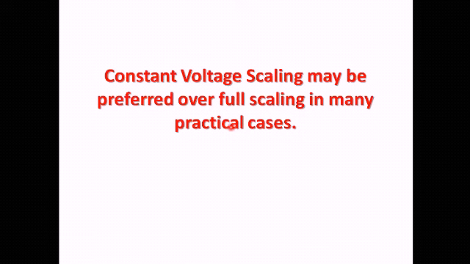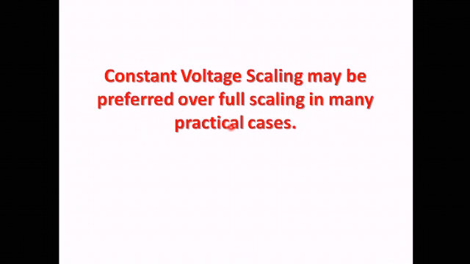This large increase in the current and power densities may eventually cause serious reliability problems for the scaled transistors, such as electromigration, hot carrier degradation, oxide breakdown, and electrical overstress. These are the disadvantages of constant voltage scaling.